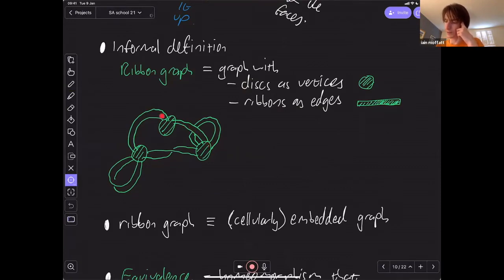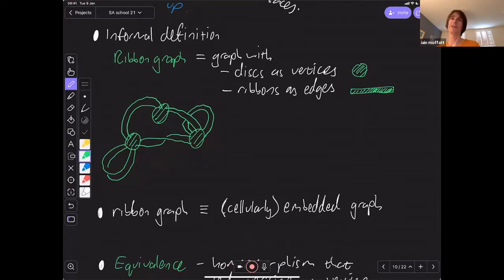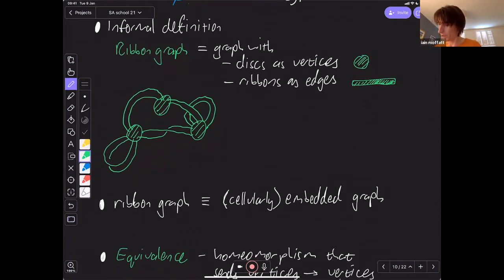So these two lines are describing a solid shape. You can get a formal definition, but it's maybe not quite as helpful as this intuitive idea of just building a graph with your vertices being disks and your edges being ribbons.